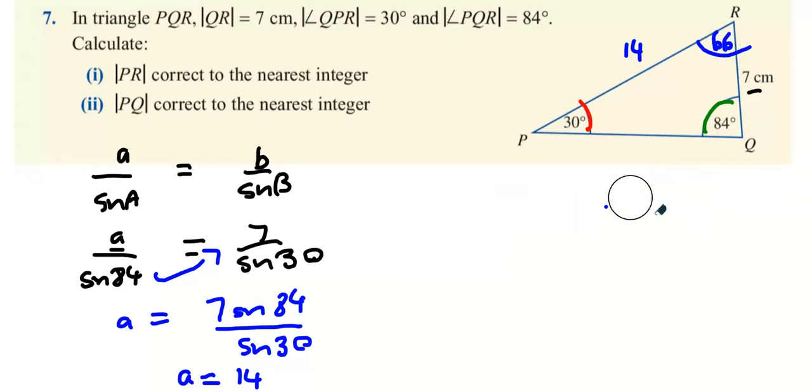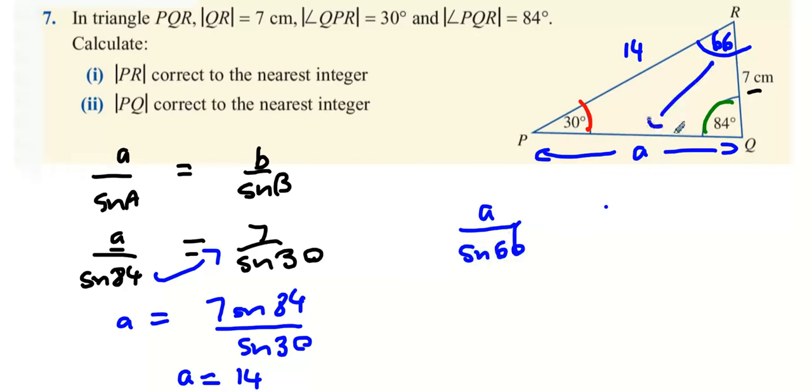Now we can use the sine rule to calculate what PQ is going to be. Once again, we can call PQ A for this question. So it's going to be A, which is now PQ, divided by sine 66, because the sine 66 is the angle that looks at the A. Then the angle that looks at the 7, because we know the 7 from the previous question, is 7 over sine 30.